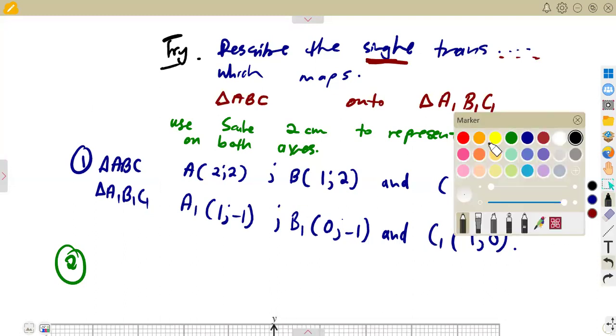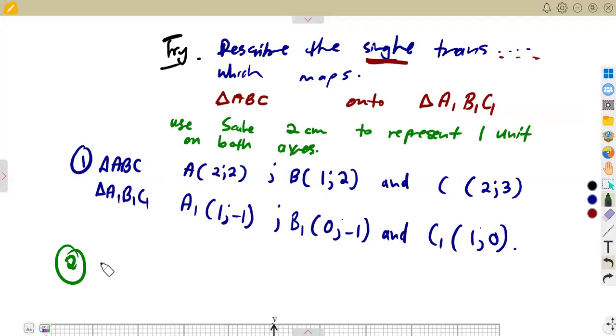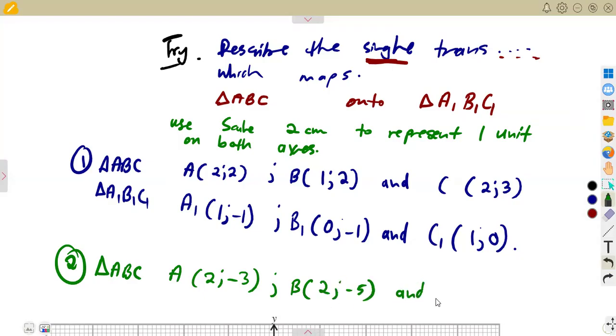The second question, I want you to do the same thing, but this time your triangle ABC is going to be given these coordinates with A, 2 minus 3. Okay, B, 2 minus 5. And C, 0 minus 5. All right.